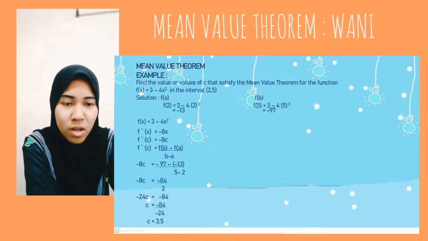After we put all the information that we found into the equation, we have to simplify all of it so that we get the final answer, which is c equal to 3.5. That's all from me. Thank you.